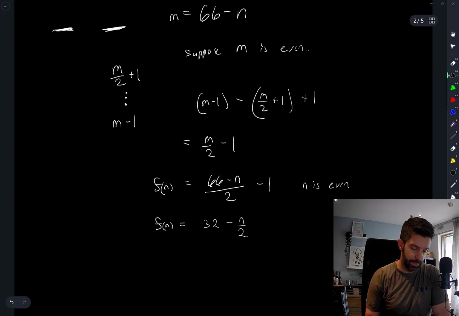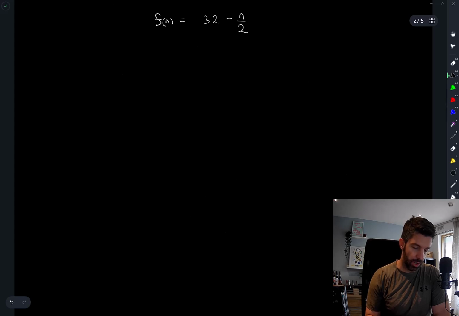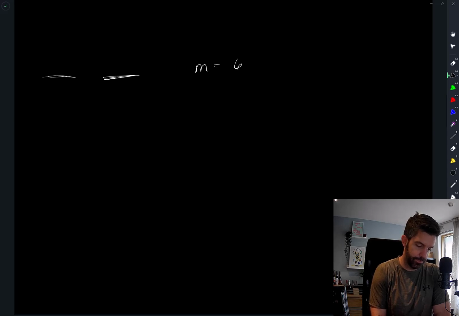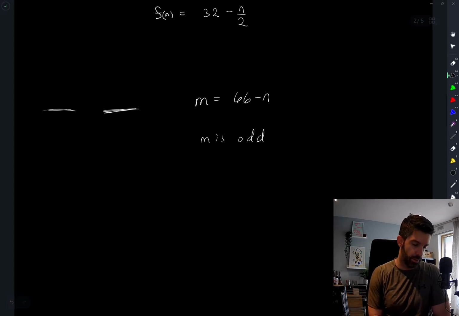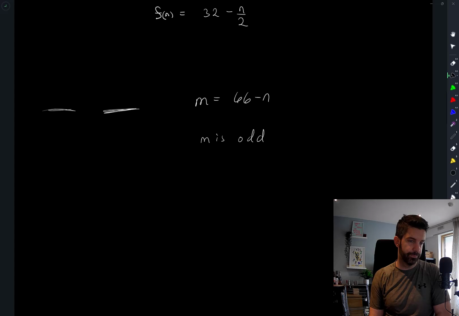Okay, now let's assume that it's odd. So same situation. So I have m coins to split between the piles.